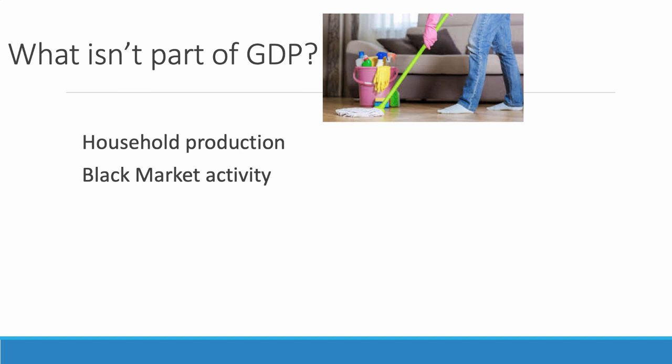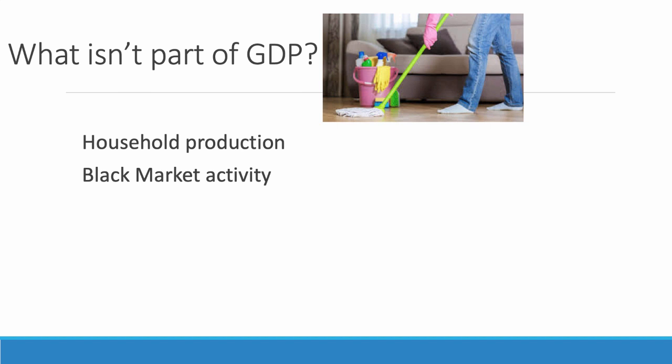These are things that are not illegal, but they're just done under the radar. Black market activity might be something like producing your own hand sanitizer at your house and selling it without reporting it on your taxes.